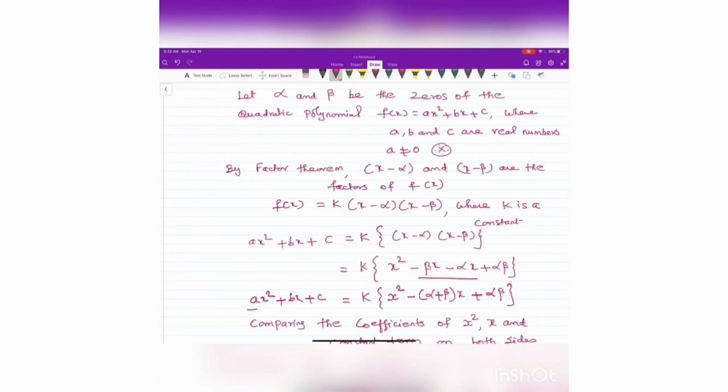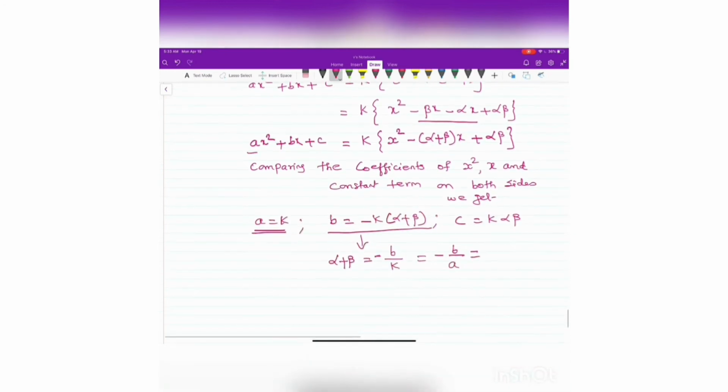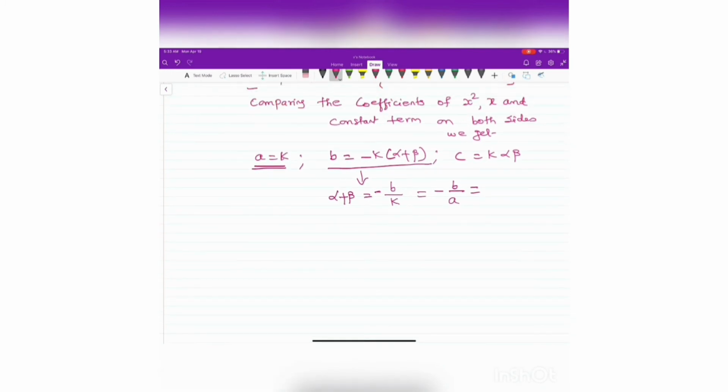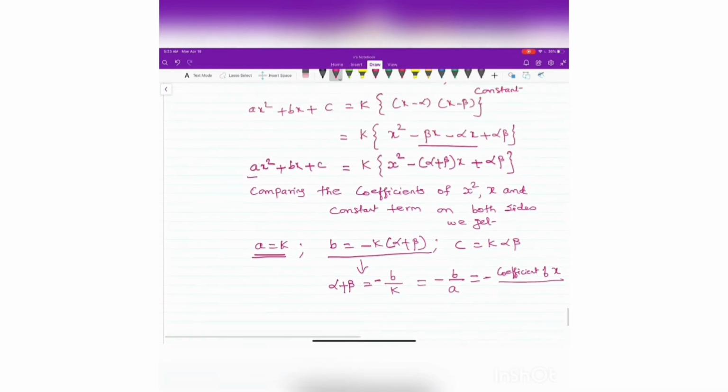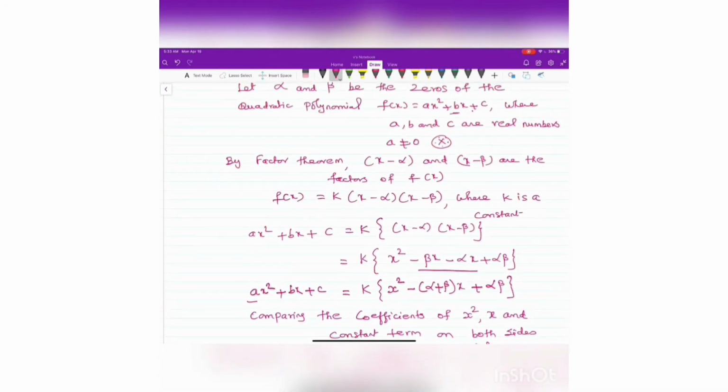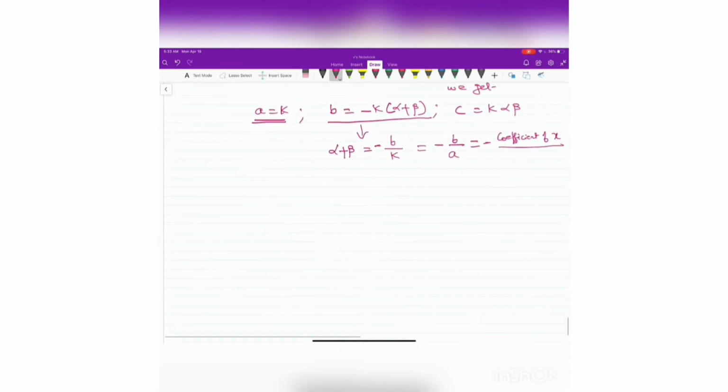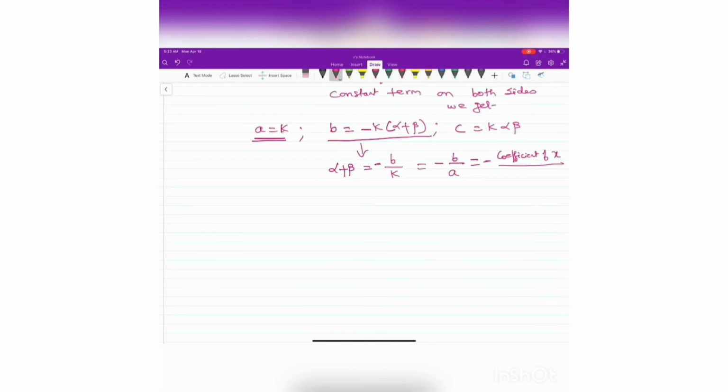So I can write here minus coefficient of x by a. A is nothing but coefficient of x square.